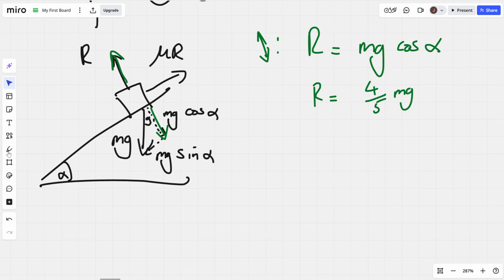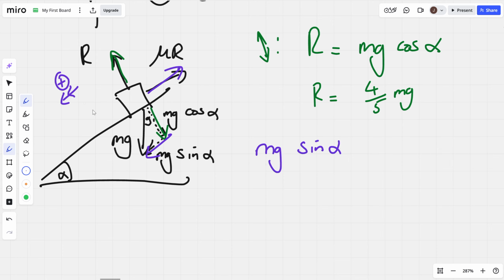And how about the parallel forces? Well, we know that it's going down the slope. So I'm going to say mg sine alpha, because this is the force that goes with the direction, and then minus mu R, because that's going against it. I'm going to say that's equal to ma. In fact, what I'm doing is, this is the resultant force.